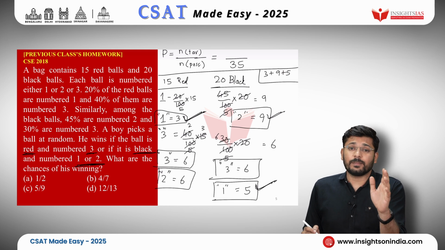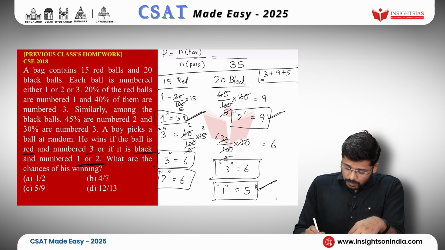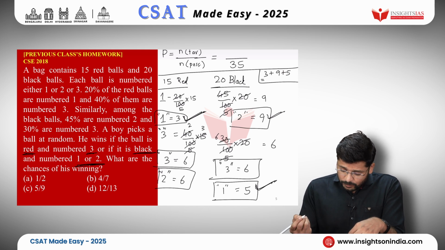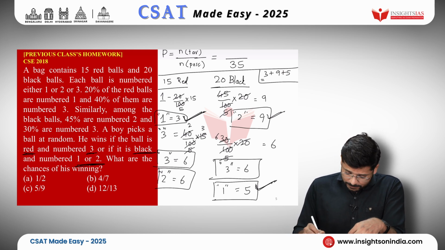Those are the favorable balls that the boy needs to pick to win. So 3 plus 9 plus 5, that would be 12 plus 5, that is 17.